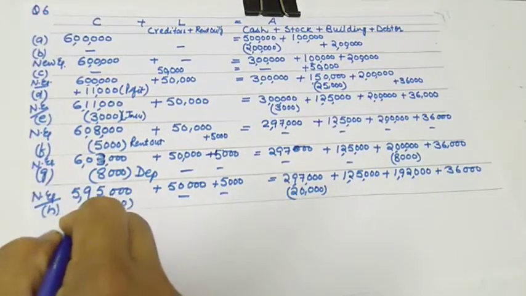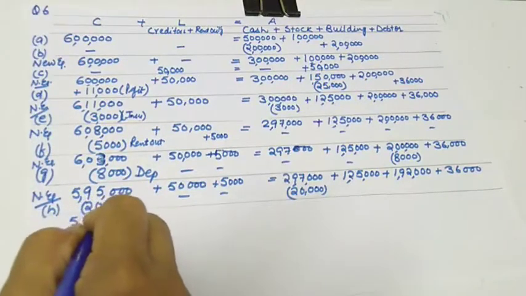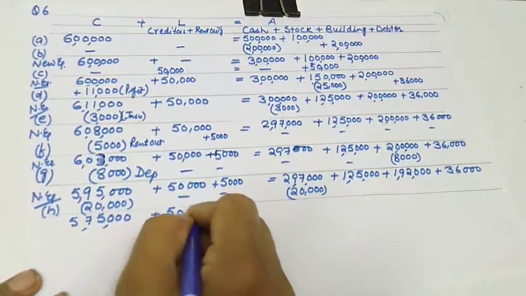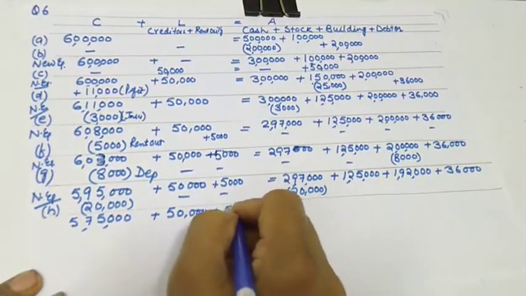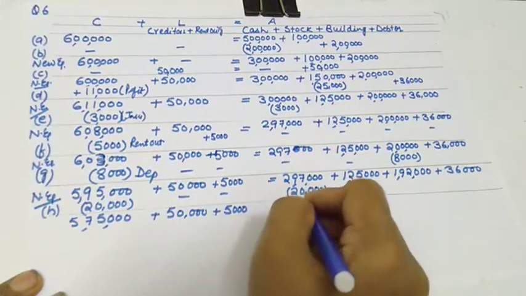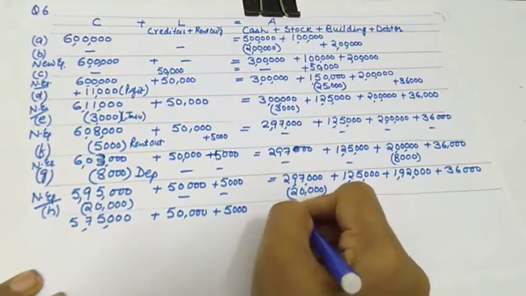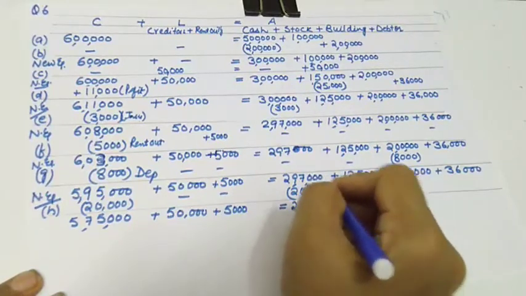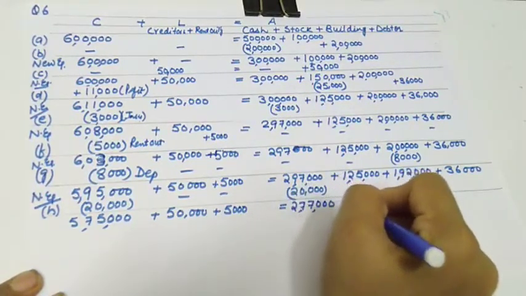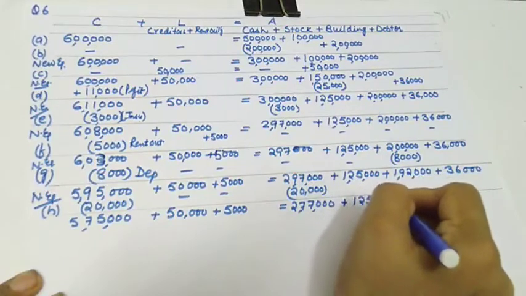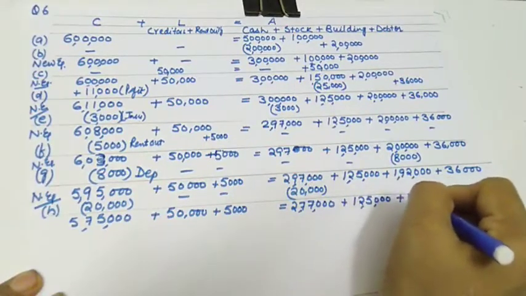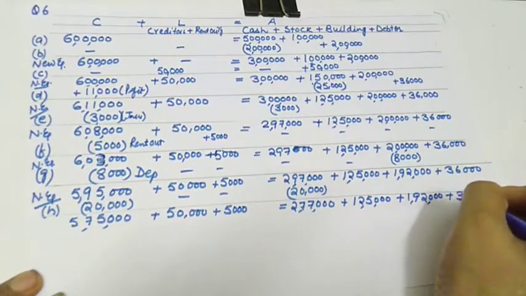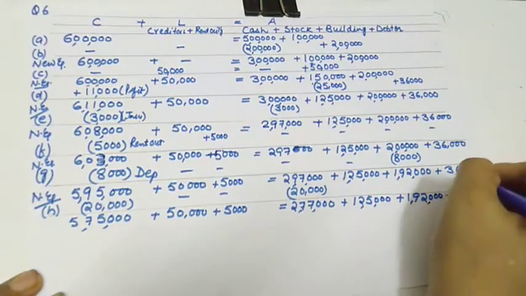So this will be 5 lakh 75,000 plus 50,000 as it is. No change in outstanding rent is equal to, this will reduce, so this will be 2 lakh 77,000, 1 lakh 25,000 plus 1 lakh 92 and 36,000 as it is.